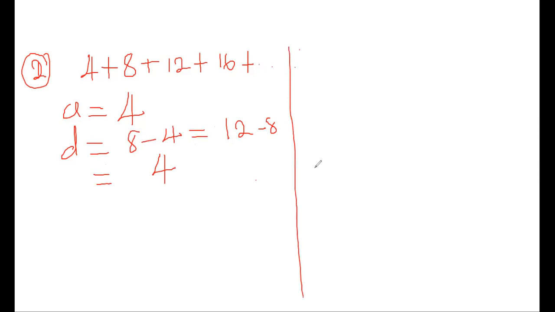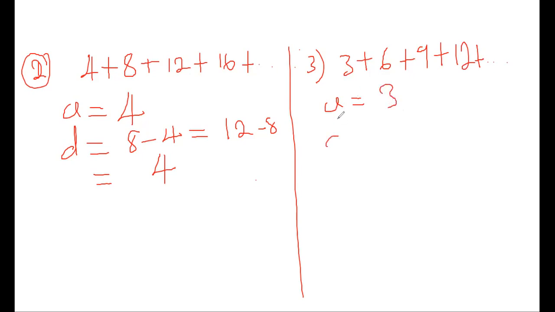Then if we get to number 3, which was 3 plus 6 plus 9 plus 12 plus other terms. So what would be our A? 3 is the A. And what would be the D?